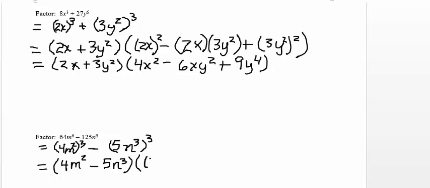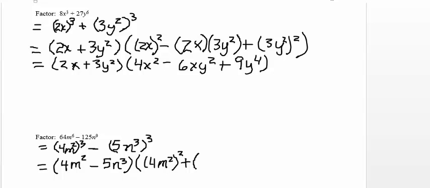times the square of a, plus. This sign is always opposite the sign in the original difference or sum of cubes. So if I start with the difference of cubes, the first operation sign in the trinomial factor is the opposite of that, a plus.